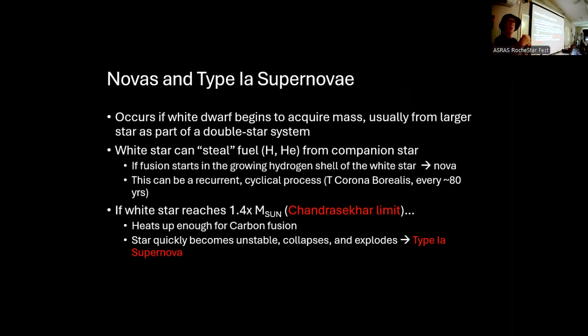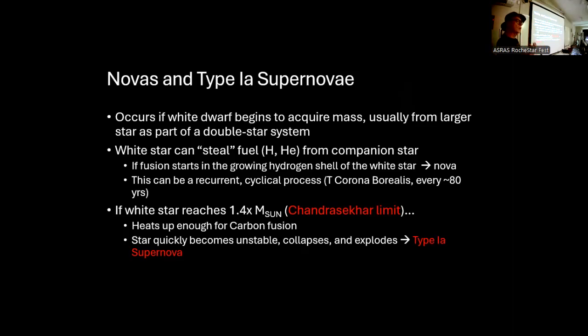So they begin to acquire a hydrogen envelope that they didn't have. So they can again steal fuel from the companion star, hydrogen flame. If fusion starts in the growing hydrogen shell, if the star continues to heat up and the hydrogen that is stolen from its companion star begins to burn, then it becomes a nova.